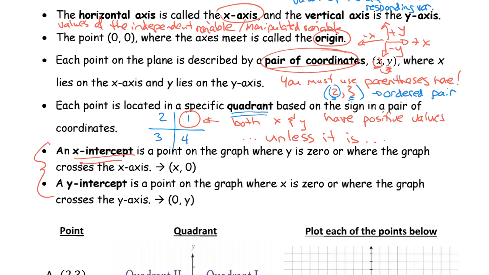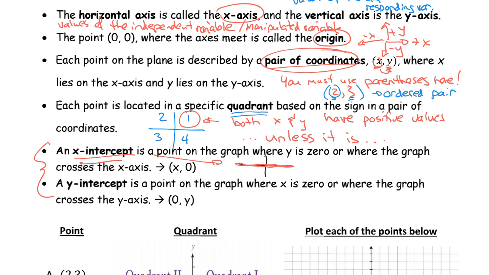An x-intercept, we give this term to a point where the y coordinate is 0. In other words, it's on the x-axis. So if you've got your coordinate plane here, all of your x-intercepts are going to show up somewhere along the x-axis, on this line where the y coordinate is 0.